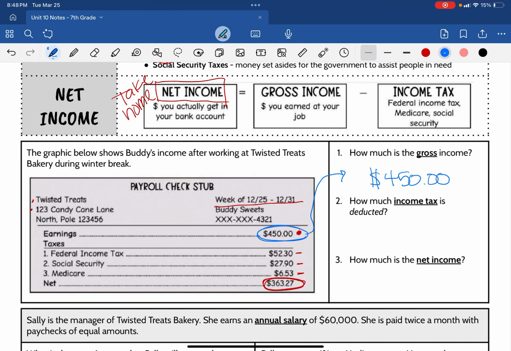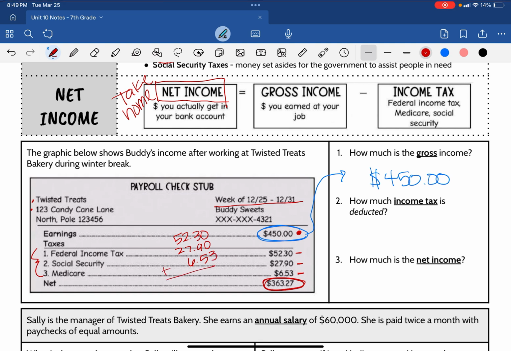Then it says how much income tax is deducted. Well, that one's pretty easy because it literally tells you right here what the income tax is. So you're going to add these three numbers together. When I do that, I have $52.30, $27.90, and then $6.53.